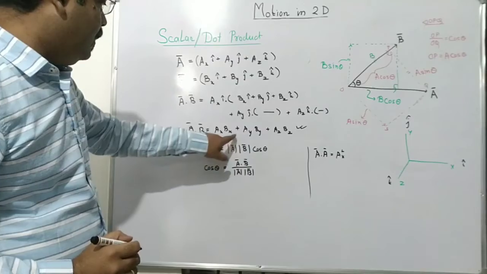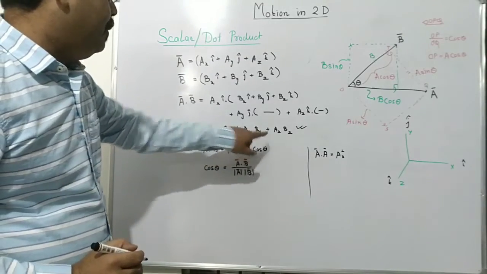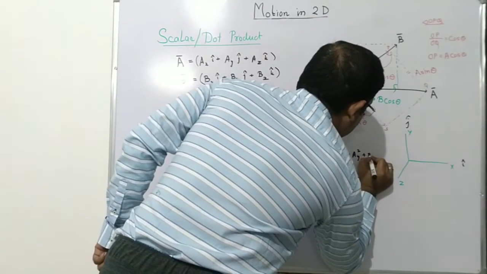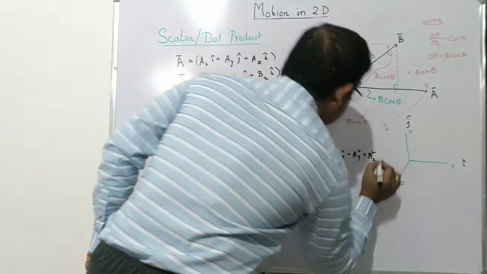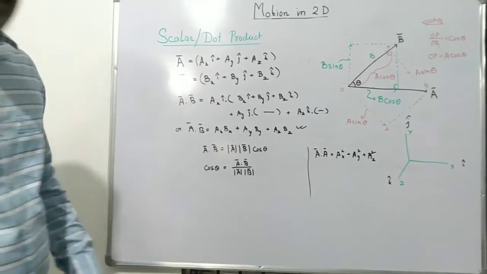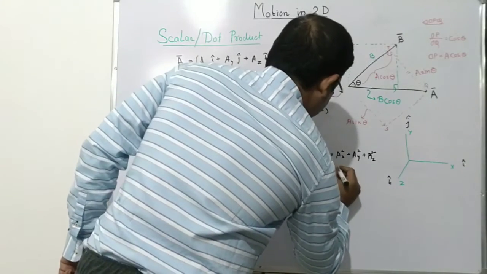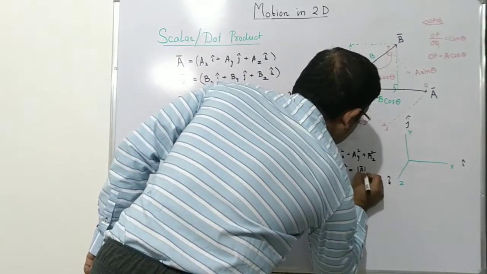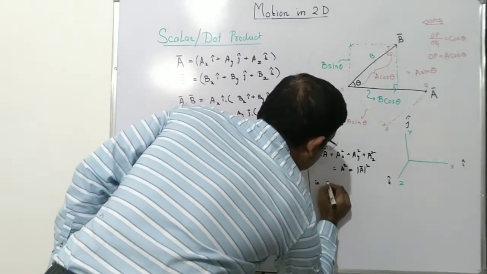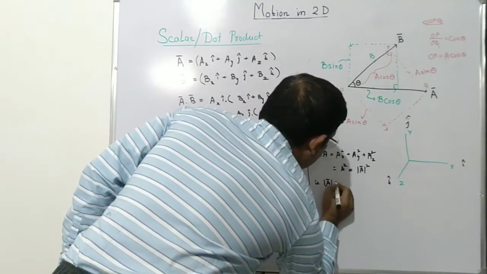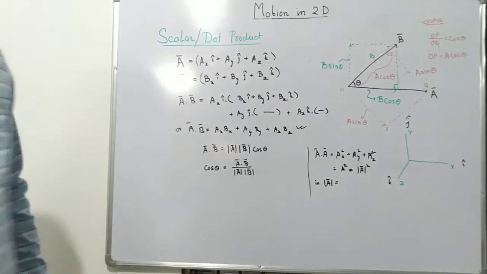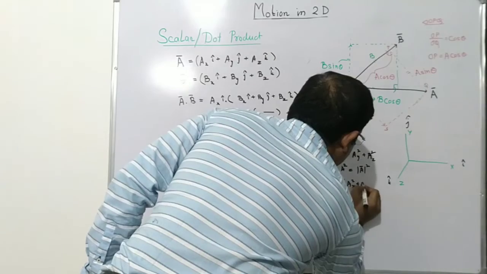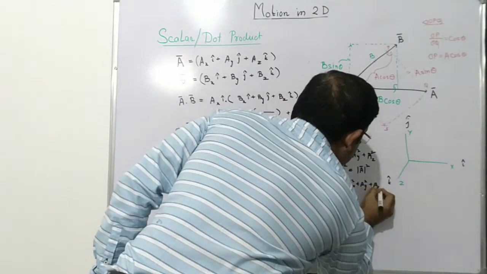Similarly, Ay into By will be Ay squared, and the third term will be Az squared. But A dot A is A squared, or modulus of A whole squared. That is, modulus of vector A will be given by the square root of Ax squared plus Ay squared plus Az squared.